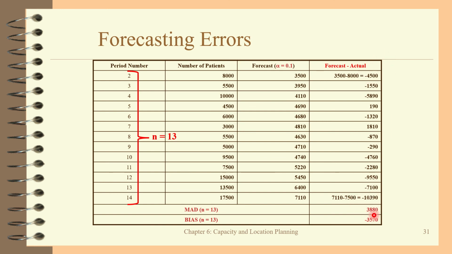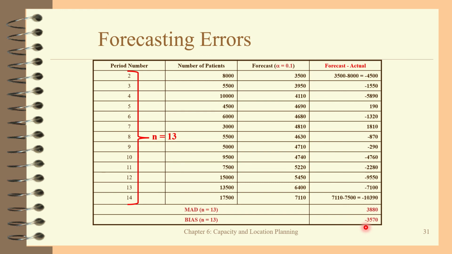and then divide by 13. You got this number. And for bias, you use both positive and negative data, right? In this case, minus 4,500 minus 1,550 minus 5,890 plus 190 until minus 10,390 and divide by 13.